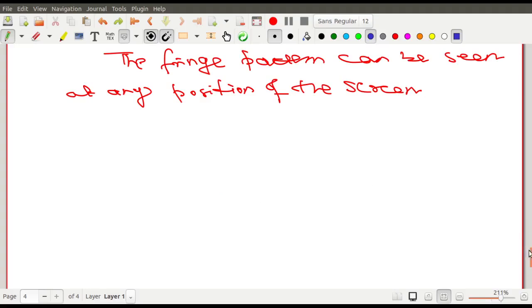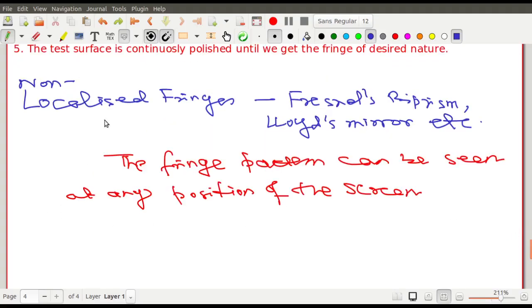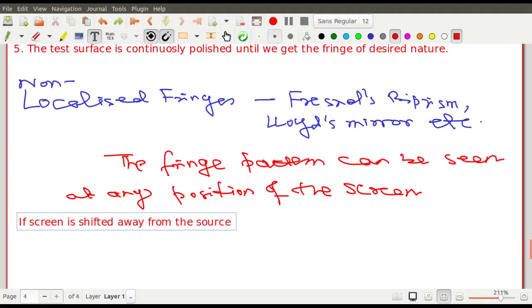The fringe pattern can be seen for any position of the screen. If the screen is shifted away from the source, then the fringe width increases, and vice versa.